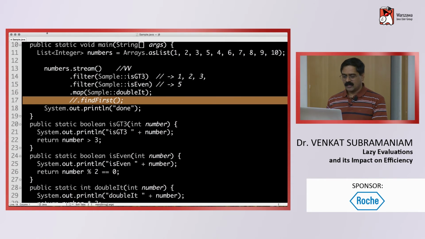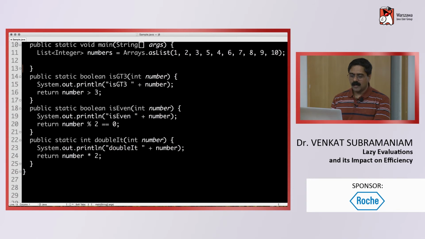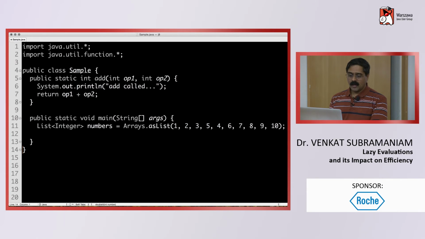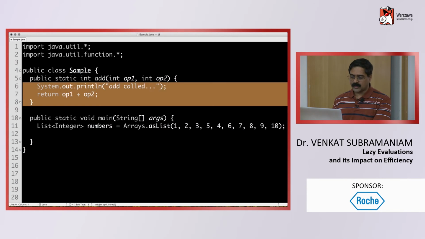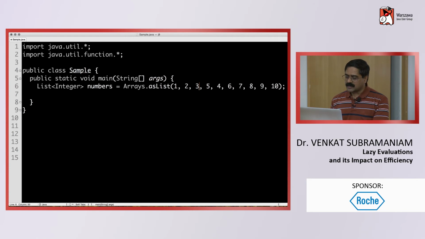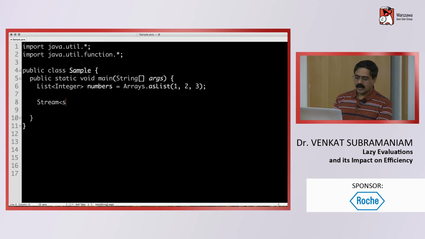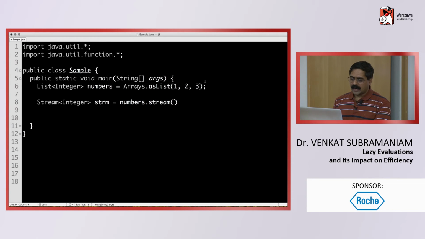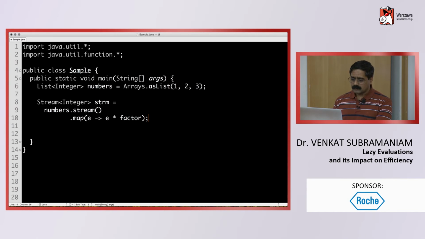So to understand this, let's take a look at a quick example to see why purity is so important to keep in mind. Let's say for a minute we have this collection of numbers, and I want to simply iterate through, and I want to print a result here. So I'm going to say Stream of Integer, stream is equal to numbers.stream, and I'm going to say .map, and given an element, e times factor, and then I'm going to store that into a little variable.